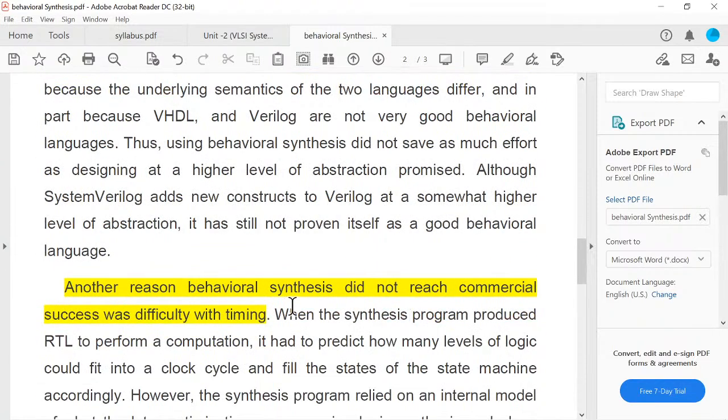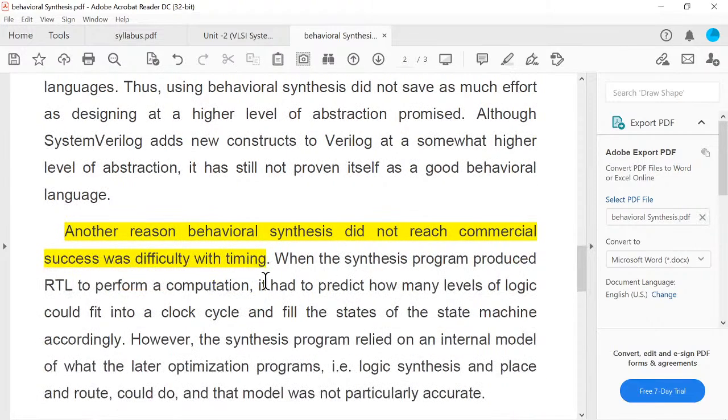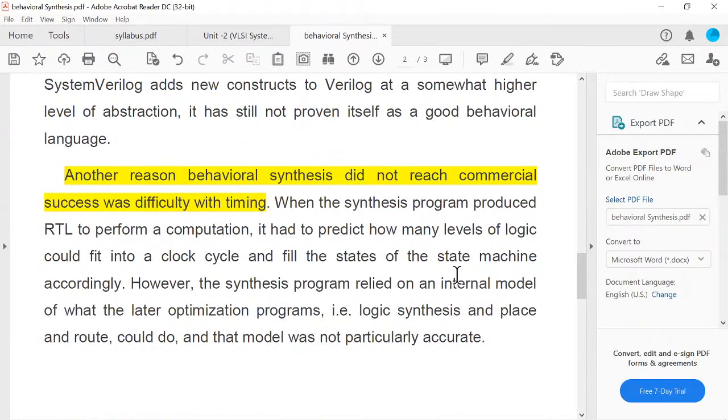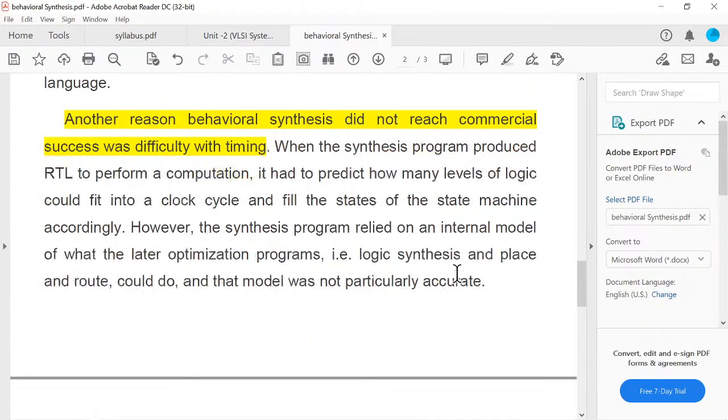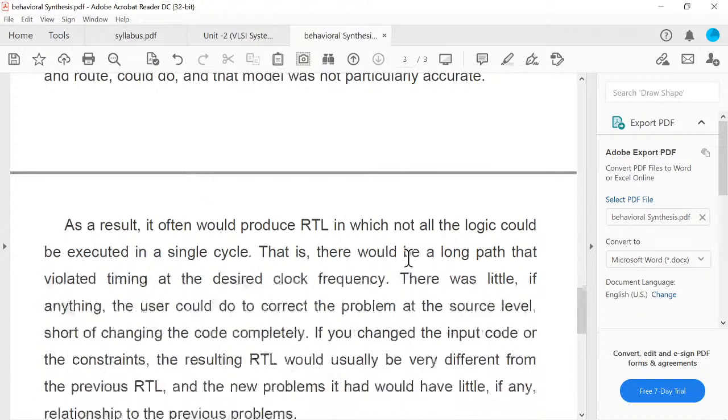Okay, another reason why behavioral synthesis is not used is the difficulty with timing that is provided in behavioral synthesis, which is also one of the limitations of behavioral synthesis. Okay, this is mentioned here.